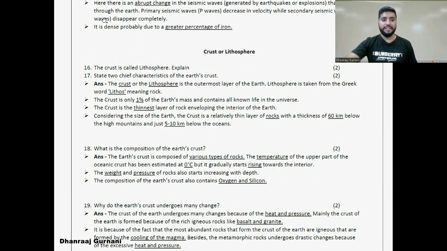Question number 16 and 17: the crust is called the lithosphere. Explain or give 2 characteristics of the lithosphere or the crust.